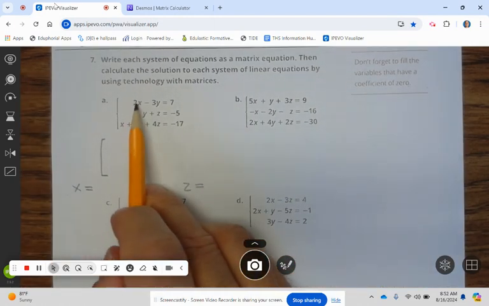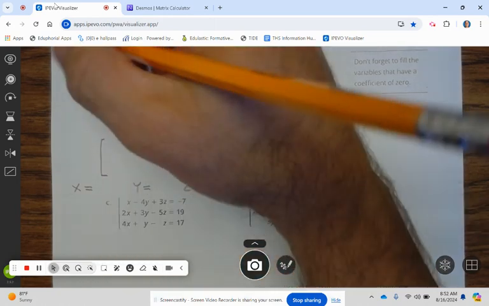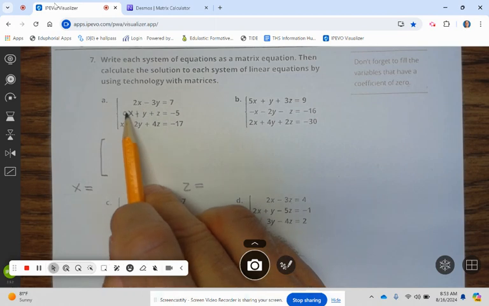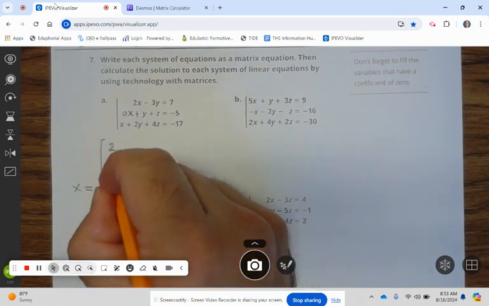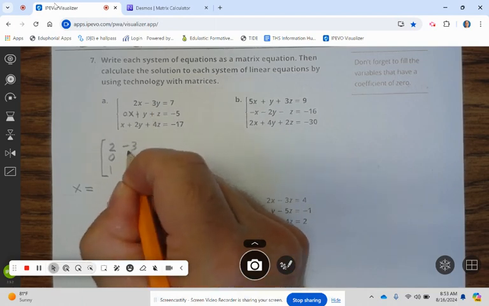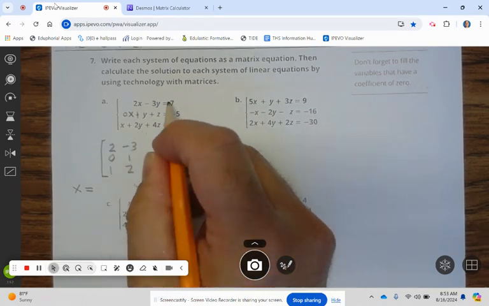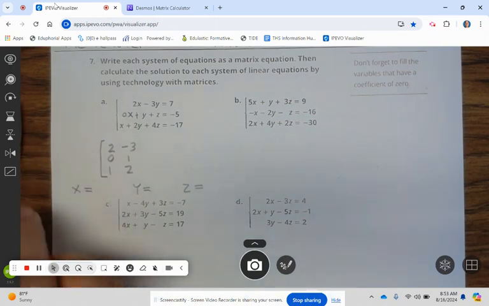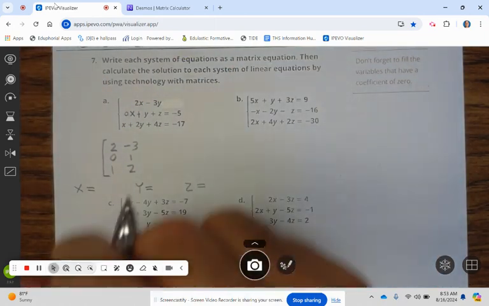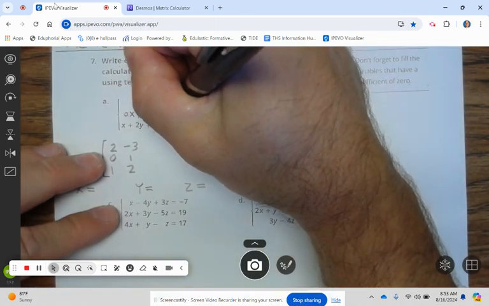Now, our x's are 2. There's no x, so we're going to go ahead and add a 0x here. So we have 2, 0, 1. We look at our y, so that's negative 3, 1, 2. Now, this doesn't have a z, so let's go ahead and add a plus 0z.